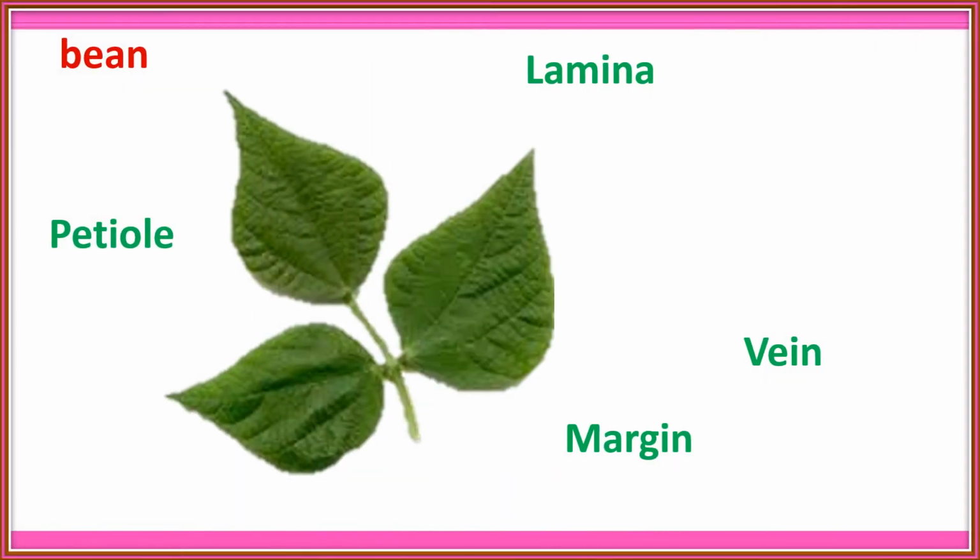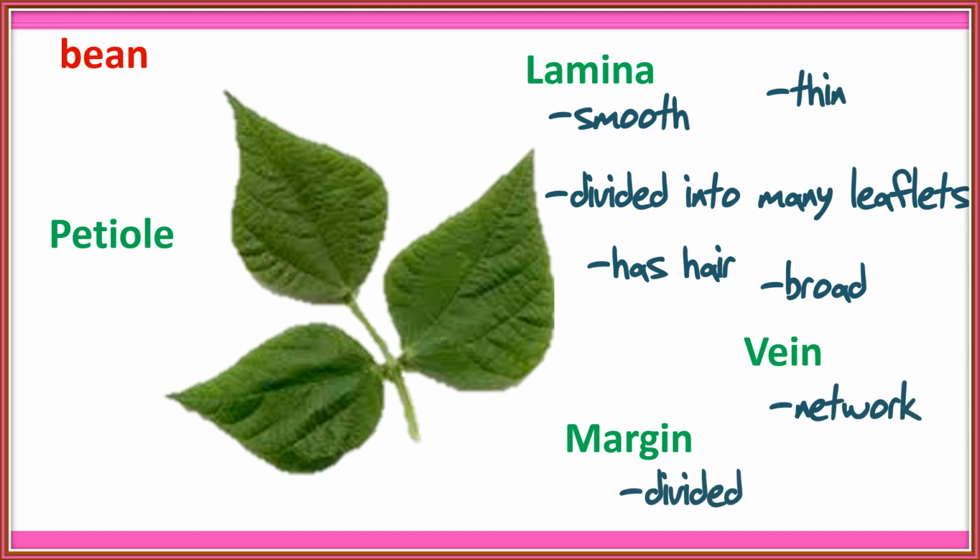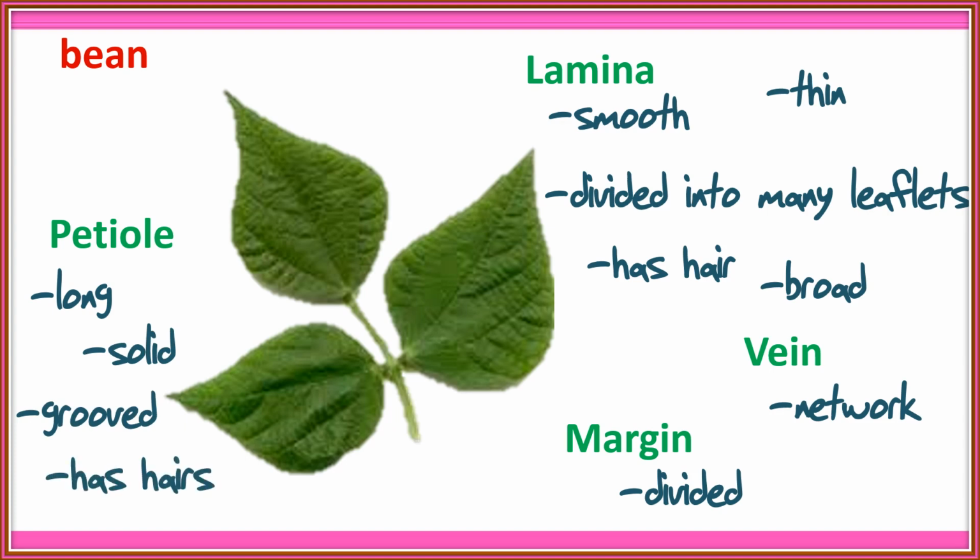The beans, the margin is smooth, thin, divided into 3 leaflets, has hair, broad, network venation. Margin is divided, has a long petiole and solid, and also grooved, and it has got hairs.